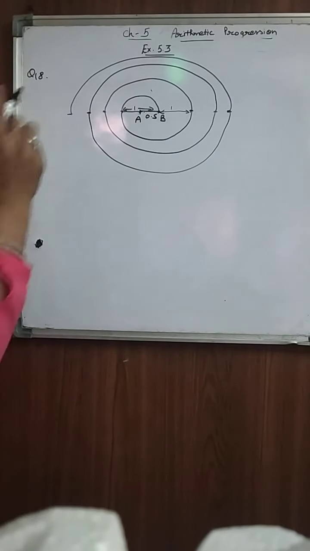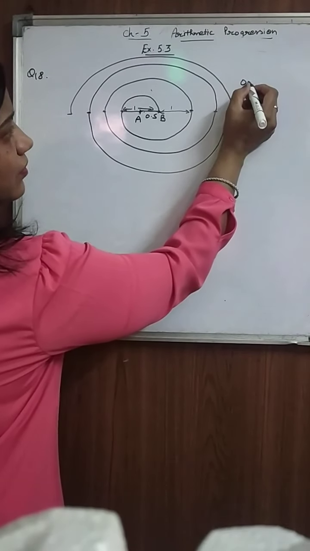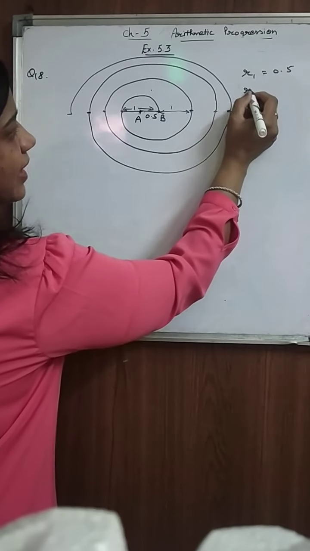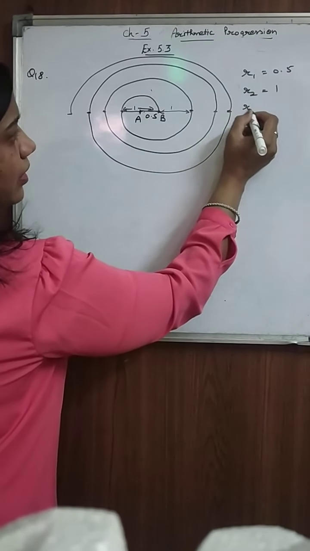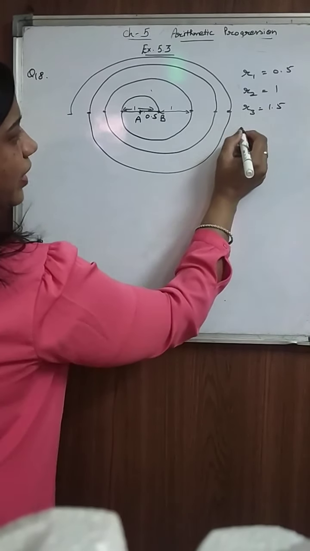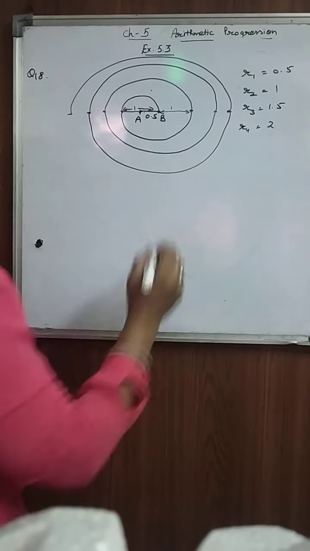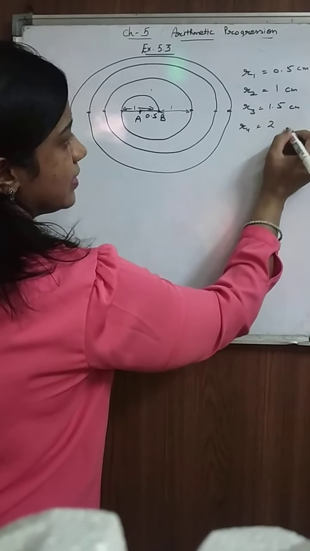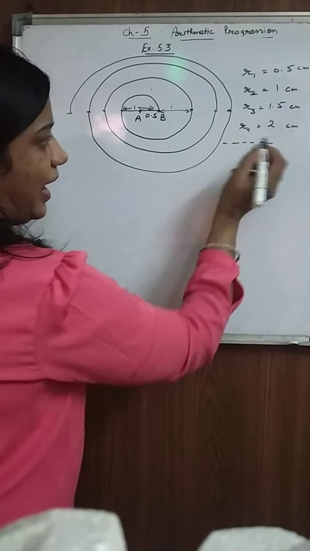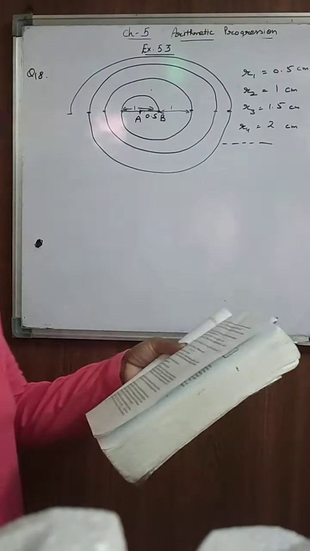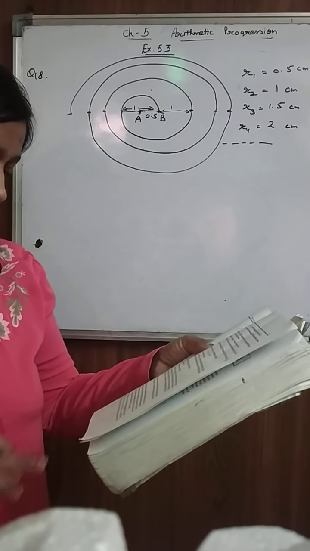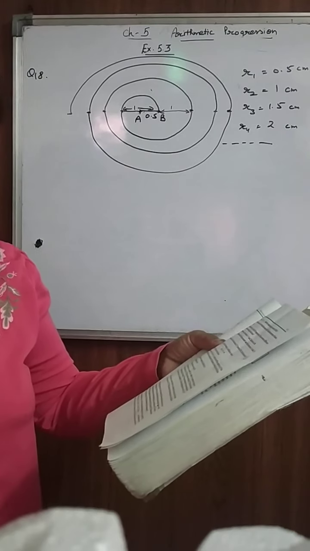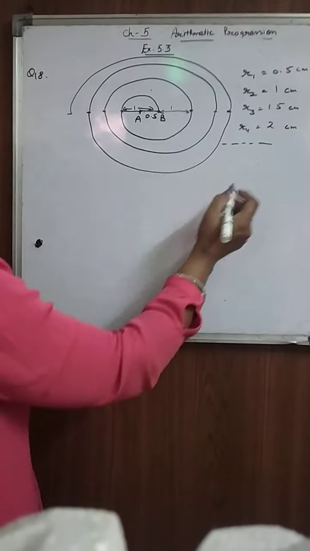It means the first radius we have taken as 0.5, second radius 1, then third radius 1.5, then the fourth radius 2 centimeter, and so on. In this way it is going on, and he is saying to find the total length of such a spiral made up of 13 consecutive semicircles.